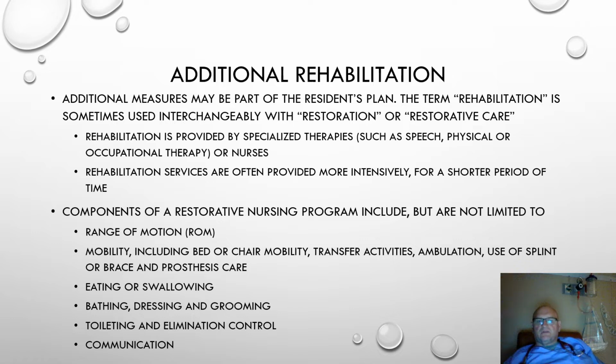Components of the restorative nursing program include, but are not limited to, range of motion, mobility, including bed or chair mobility, transfer activities, ambulation, and use of splint or braces or prosthesis care, eating or swallowing, bathing, dressing, and grooming, toileting and elimination control, and communication. All of these components we have covered in other units throughout this course.